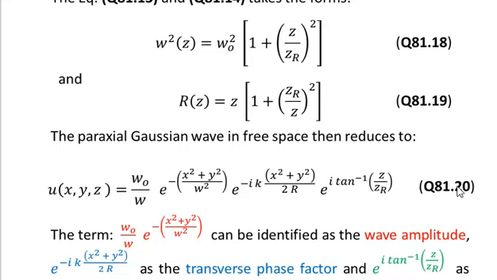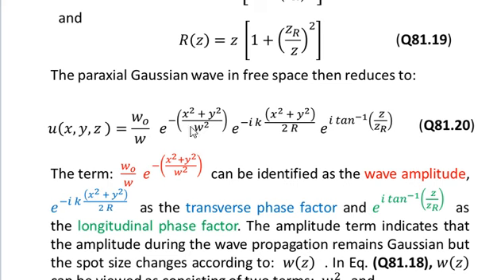So equation number 20 gives you the full form of the field at the xyz point, in terms of the laser spot, in terms of the radius of curvature, and in terms of the Rayleigh distance or Rayleigh range zr.